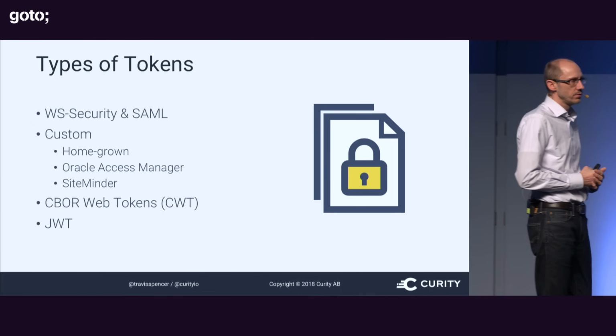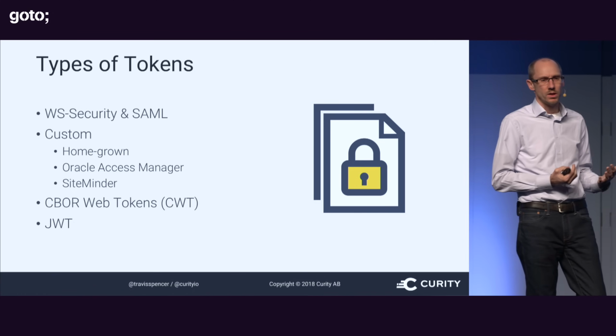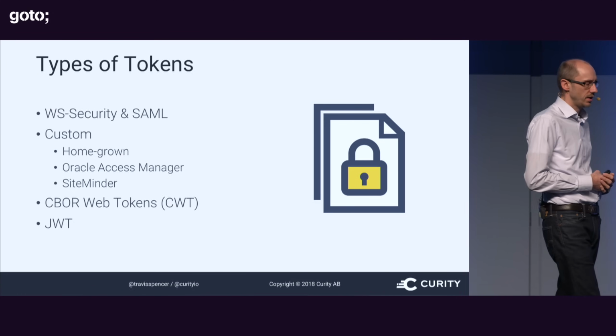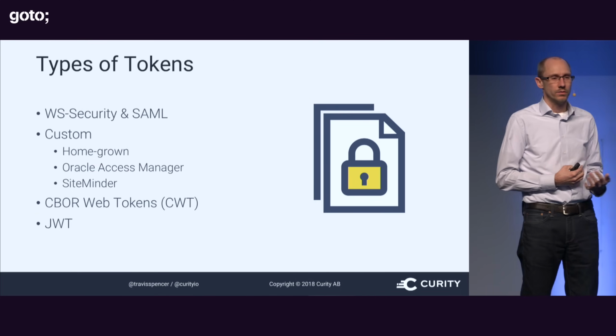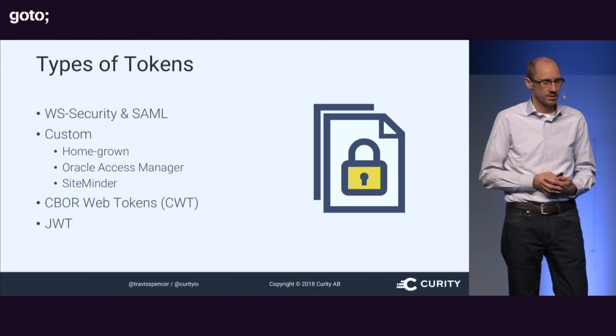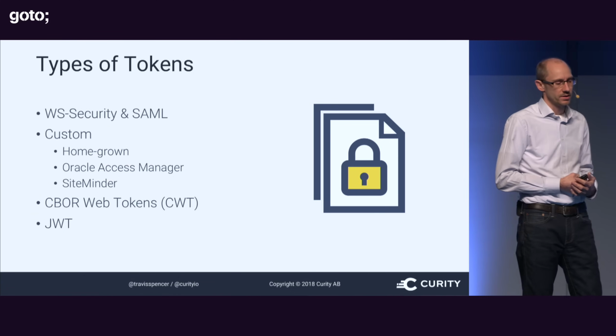There are different types of tokens. OAuth doesn't define any certain type that must be used. We commonly hear about some of them, but the OAuth standard itself does not say any certain kind of token must be used. So we can use legacy tokens like WS-Security and SAML tokens.